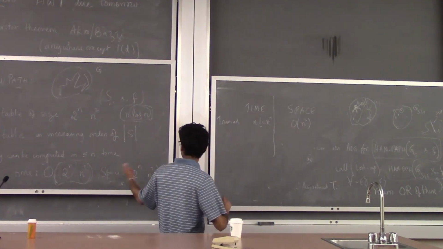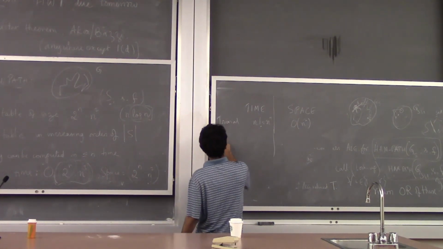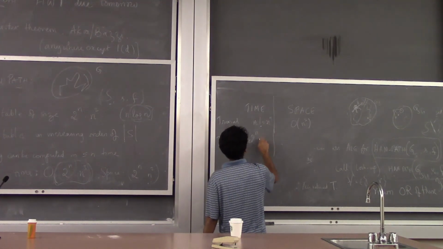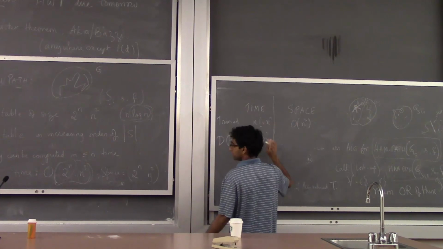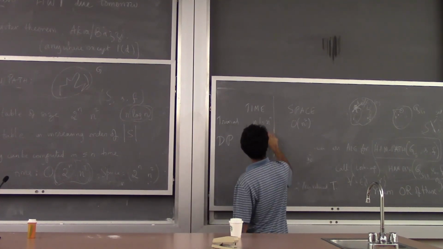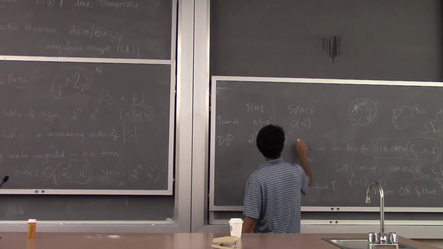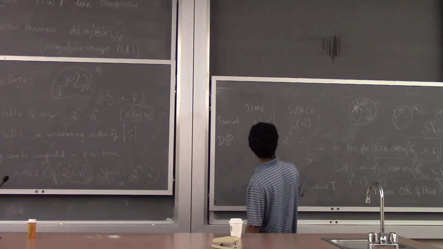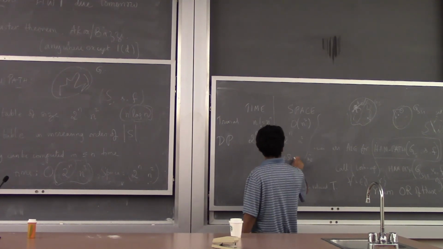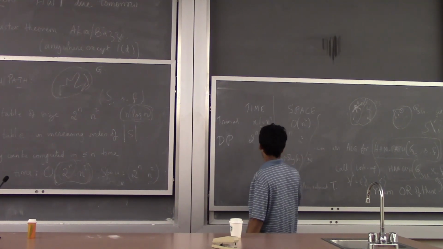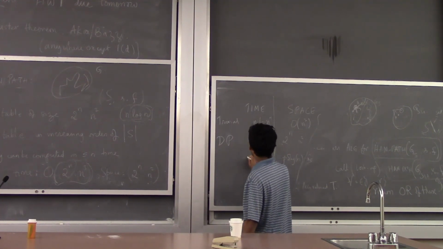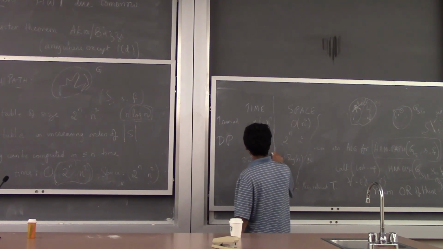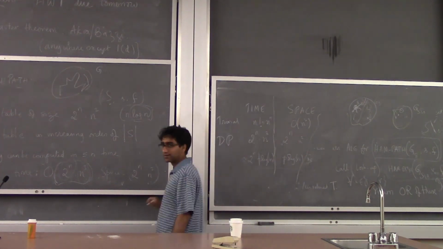While this dynamic programming algorithm is like 2 to the n times n squared, or n cubed, in time, and 2 to the n in space. So you could ask, is there an algorithm where here you have poly n space, and here you have something like 2 to the n times poly n time? This is actually one of the big open questions.